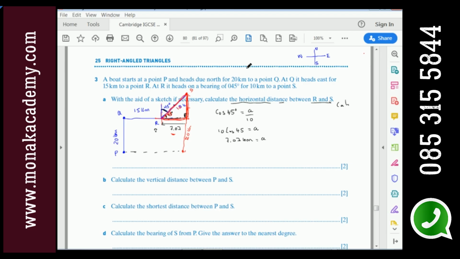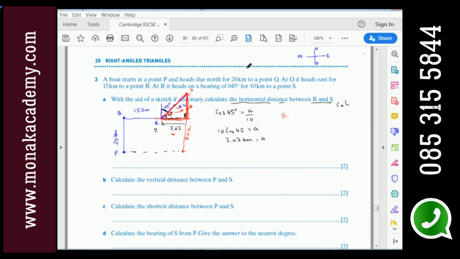So with cos, you need the adjacent, which is 7.07, and the hypotenuse, which is 10. So it's not going to help us to find this. You need something that is opposite to the angle. Because look, the given angle is this one. So for the side we want, we can use either tan or sin. So which one do you want us to use? Sin.